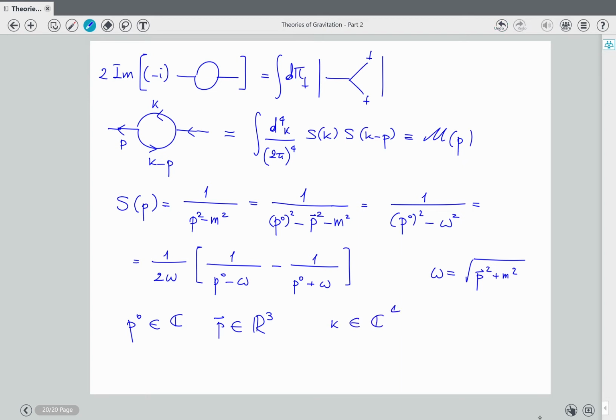So the loop momenta have to be considered complex with all their components. So you can ask yourself if this is an analytic function of P. Actually, it's a function of P squared in the end. That's why you just need one complex component for the external momentum.